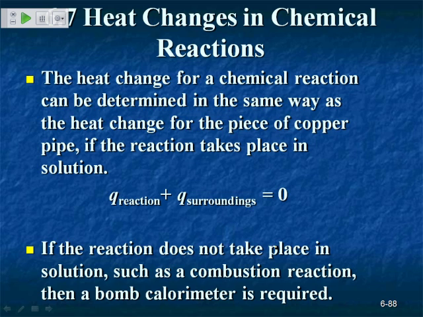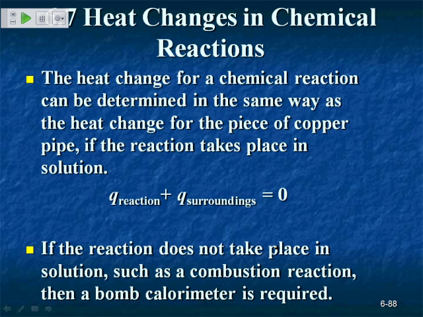The heat change of the chemical reaction is also determined the same way. That is, whatever heat is released by the chemical reaction is absorbed by the surroundings. So again, you measure the heat change of the surroundings and change the sign. That will tell you the reaction is exothermic or endothermic and how much heat is released or absorbed.